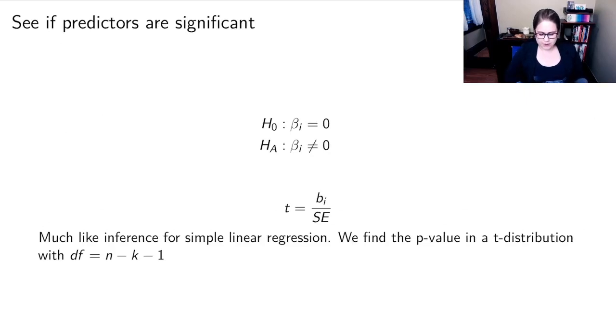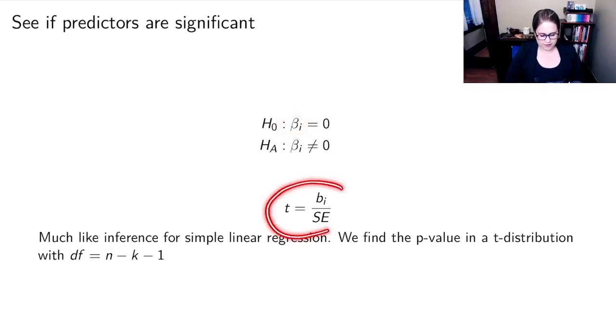Another thing that we might want to do is see if the predictors are significant. We have the same kinds of hypotheses as we did for simple linear regression, but now instead of just beta 1, we're going to do tests on all the beta sub i's.